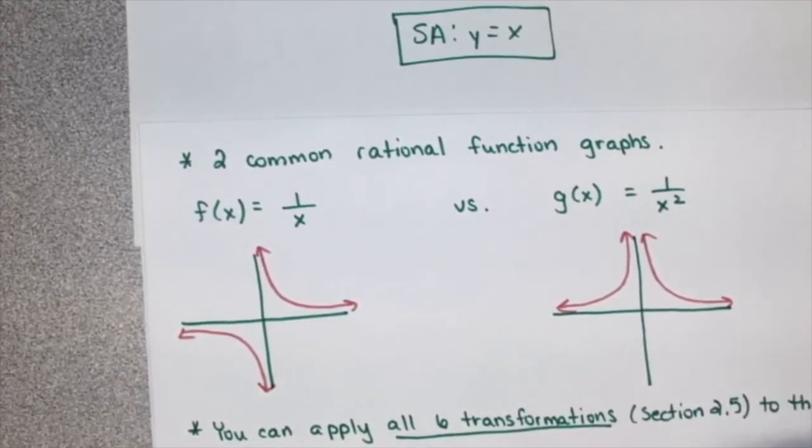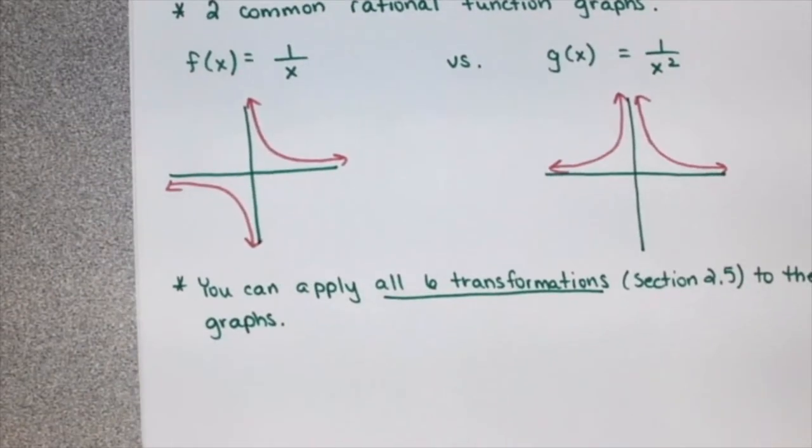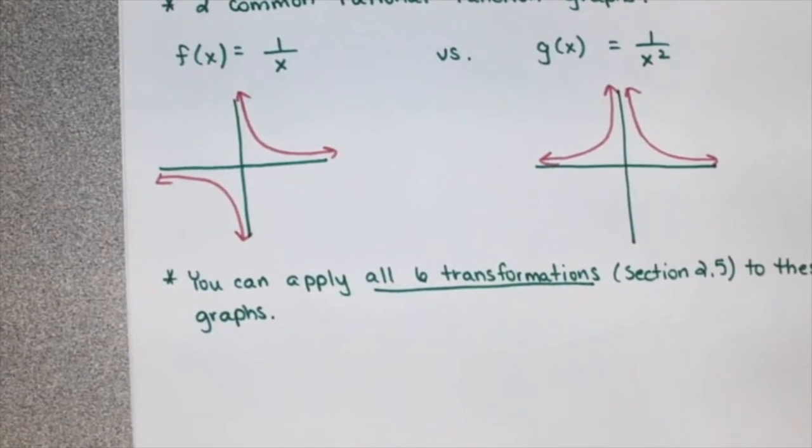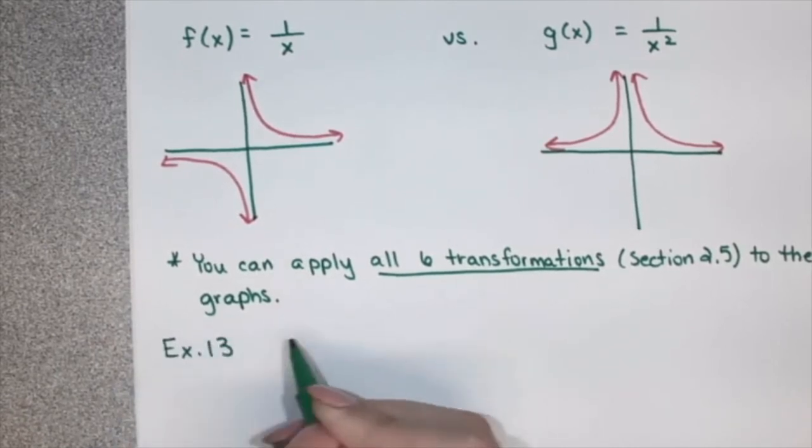In other words, these are the simplest parent functions, and so we can make some changes, and then we should be able to describe what that's going to do to our graph. So probably on test 2, I would be more likely to ask you to describe for me what's happening than I would be for you to actually sketch it.